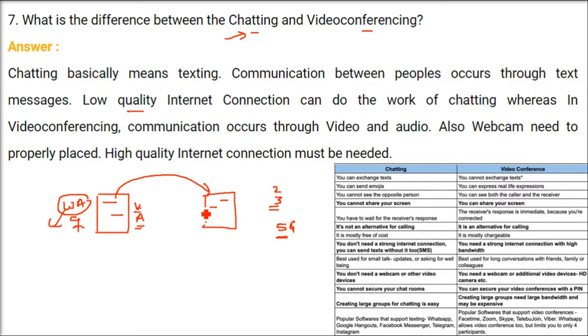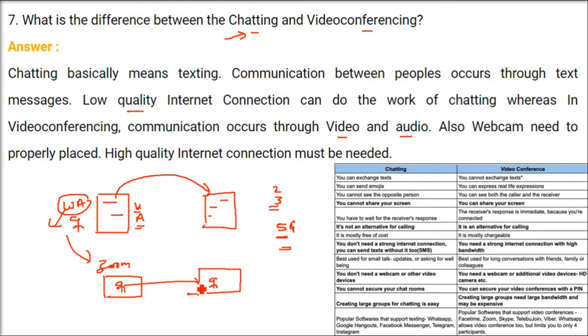If the internet connection is good, then there is no need to chat. You have a good data connection, so why not do video conferencing? Now you have Zoom, and Microsoft also has its products. You can do video conferencing as a meeting.